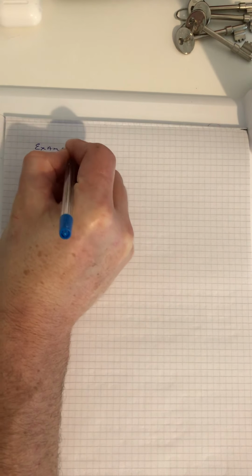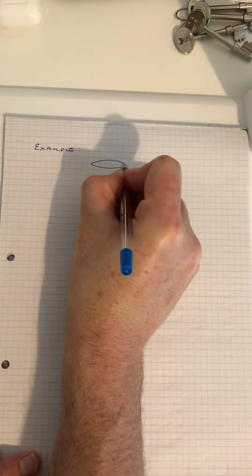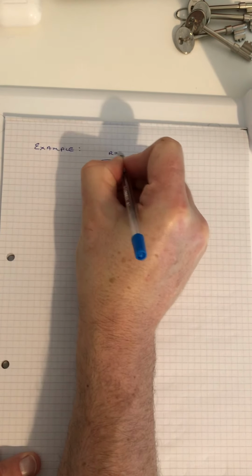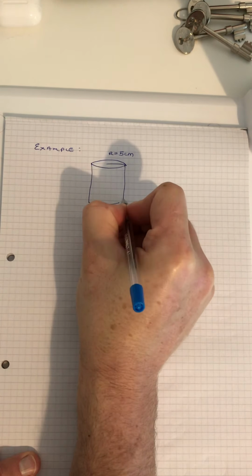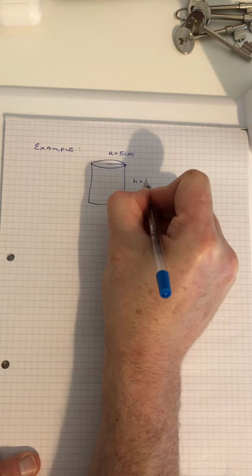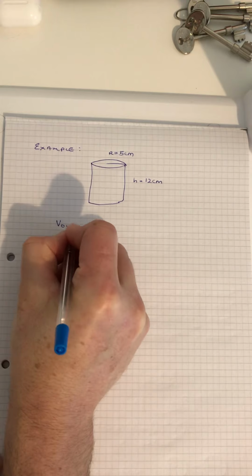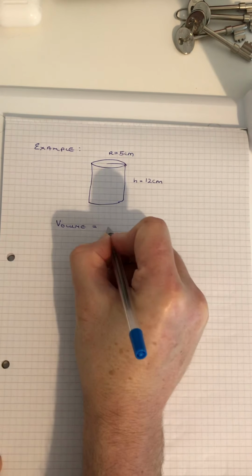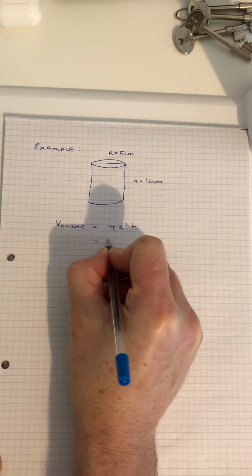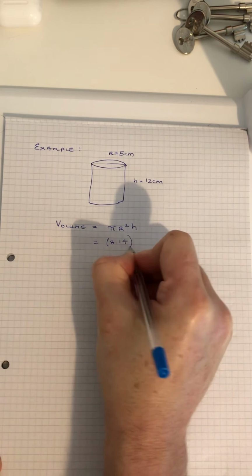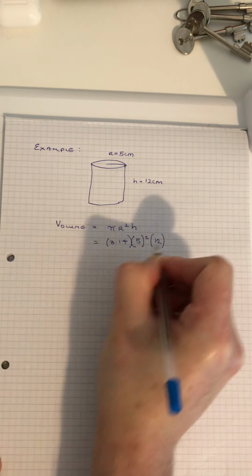So I'll do an example of a cylinder. Say I have a cylinder here like so, r equal to 5 centimeters, and the height equal to 12 centimeters. So the volume then would be equal to pi r squared h, which in this case is 3.14, the radius is 5 squared, and the height is 12.